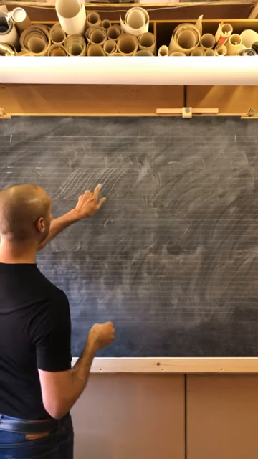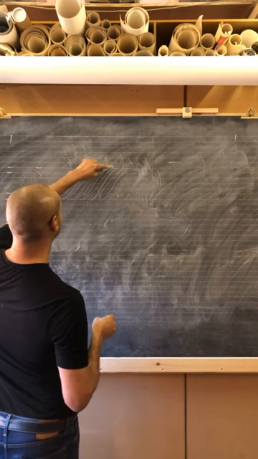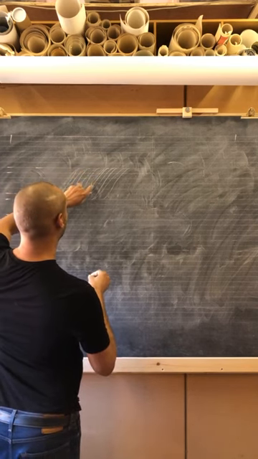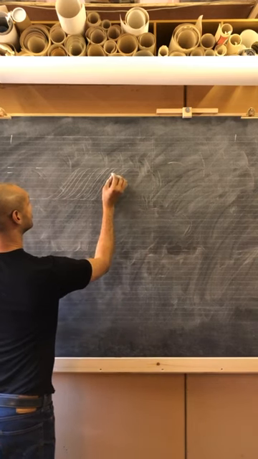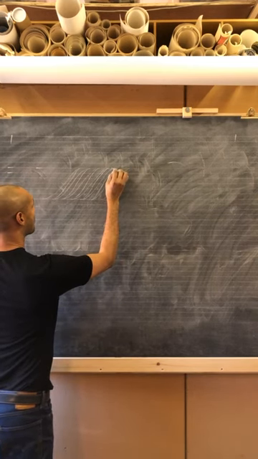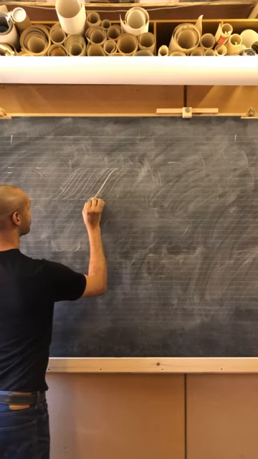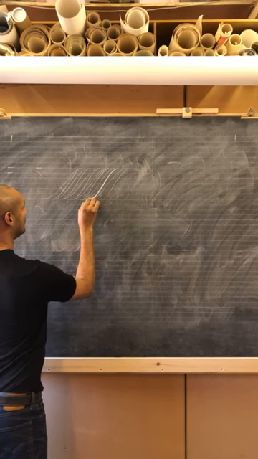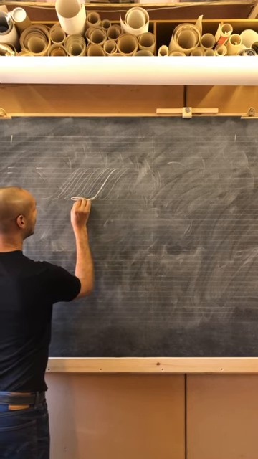So we're on a 55, which is that one. Come down and out and around and back.